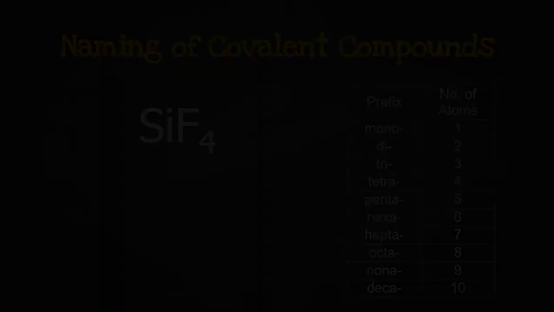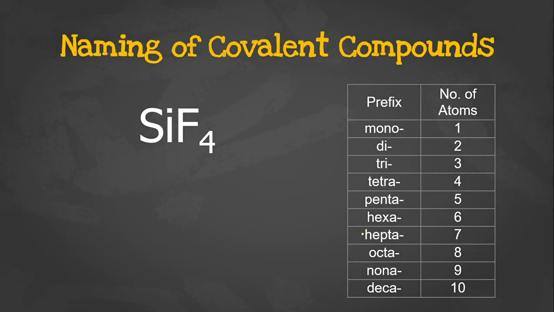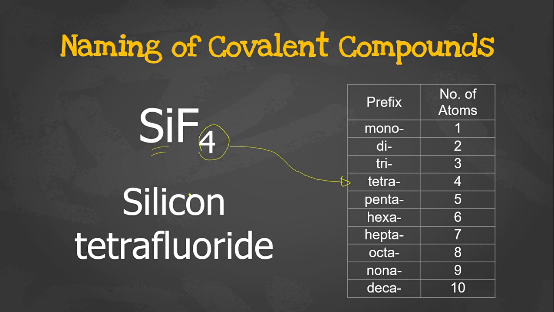Okay? Another example, ayan. SiF4. So, Si is silicon. Diba? While F is fluorine. Pero dahil apat yan, ang prefix na gagamitin natin ay ito, tetra. So, therefore, the name of this compound is silicon tetrafluoride.